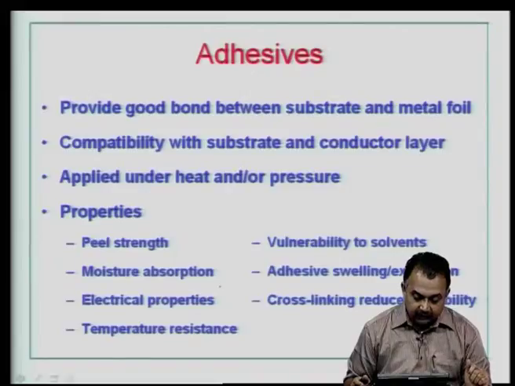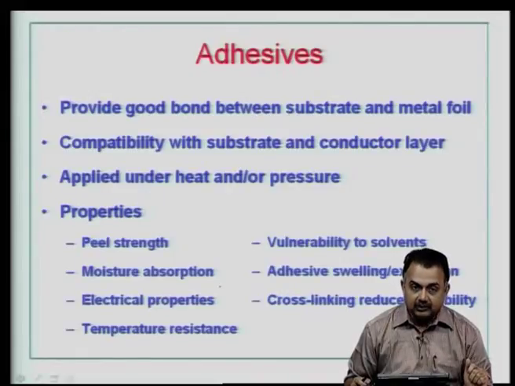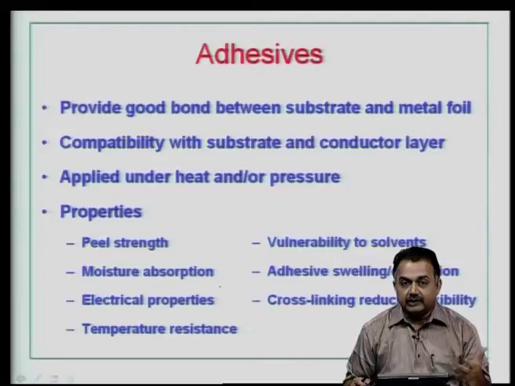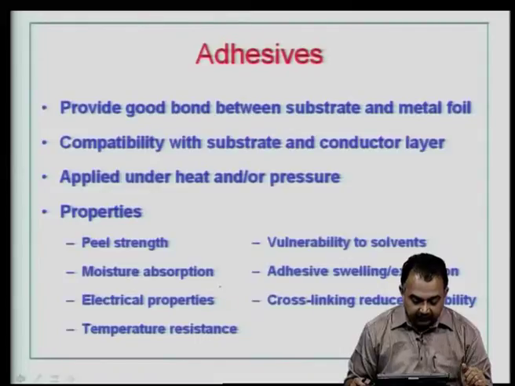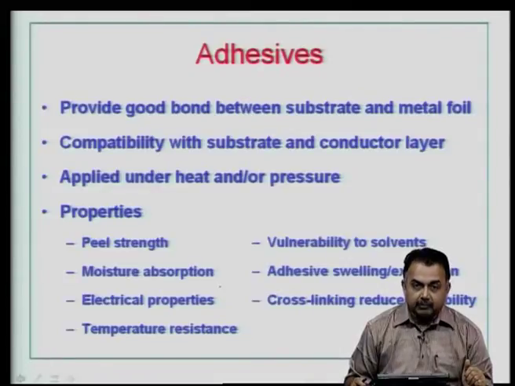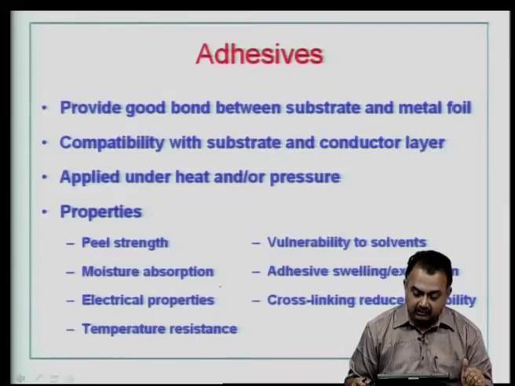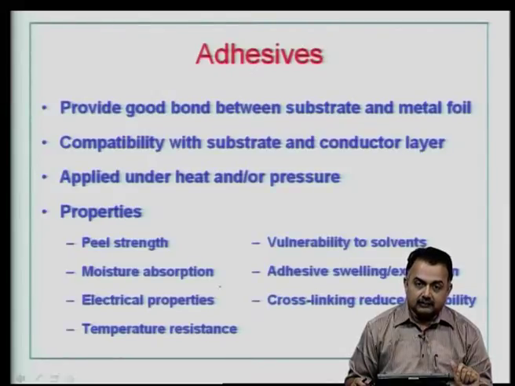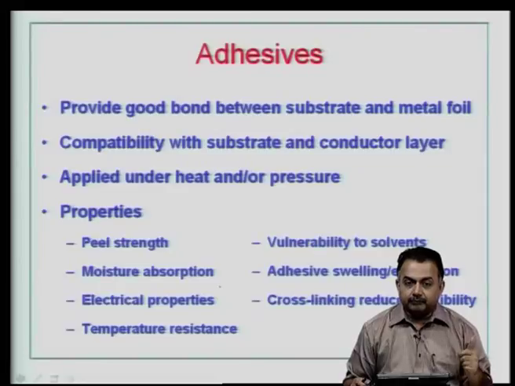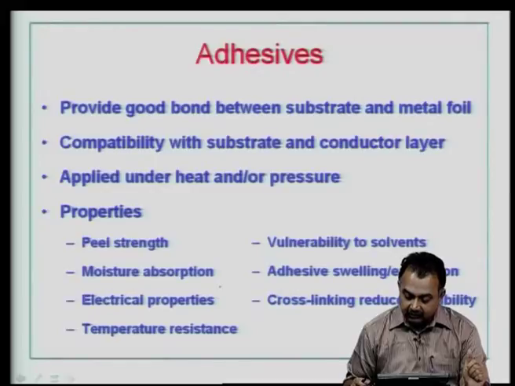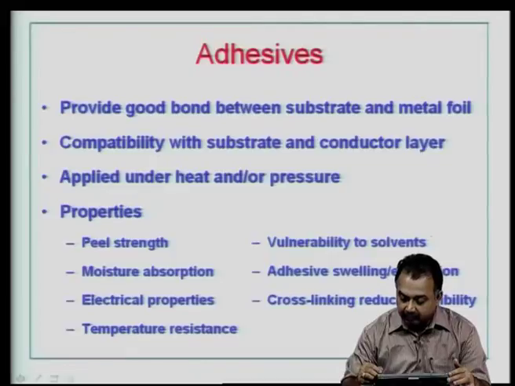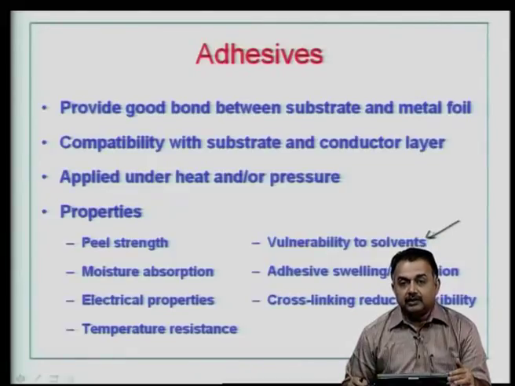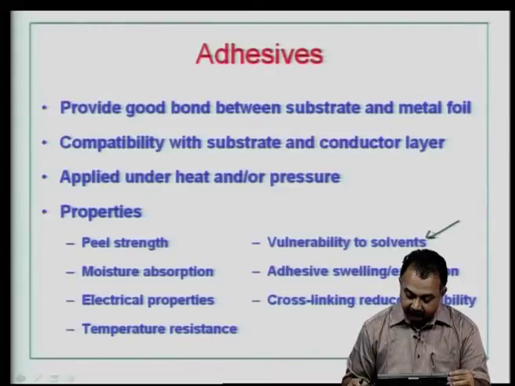The properties that you look for in an adhesive are the peel strength, moisture absorption, because if an adhesive absorbs moisture, it is going to affect the bonding between the foil and the dielectric. Electrical properties, temperature resistance, vulnerability to solvents, because if it is going to be dissolving in certain solvents during the processes and so on, or during assembly, then it can be a problem with delamination between the metal foil and the dielectric.